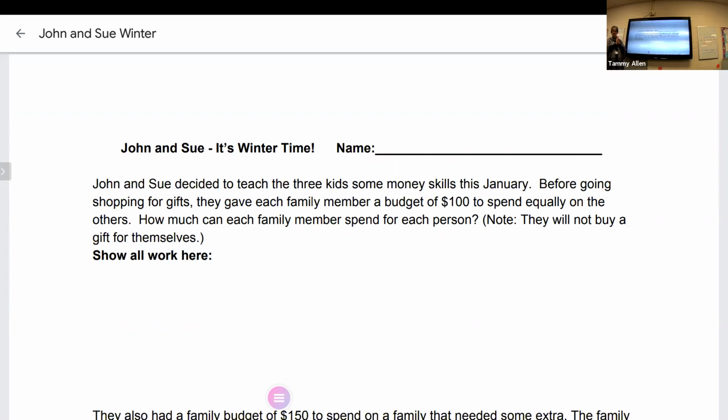So what are some key things that we need to know in this story problem? Underlining the question, boxing the operation word, important numbers, those types of things. What are some important things that we know here? $100. Okay, the $100 is important.